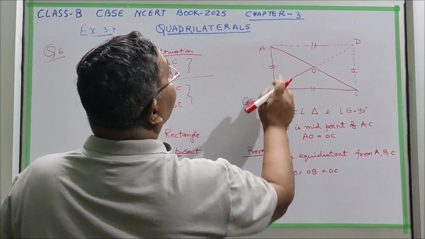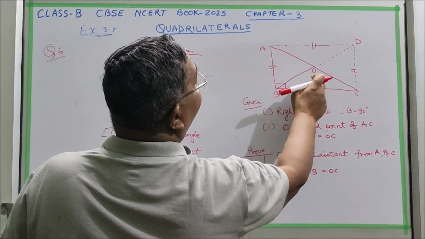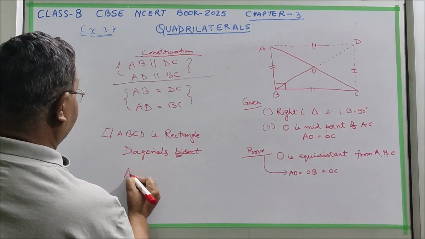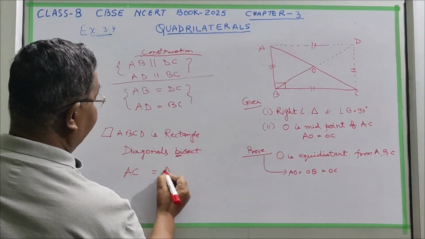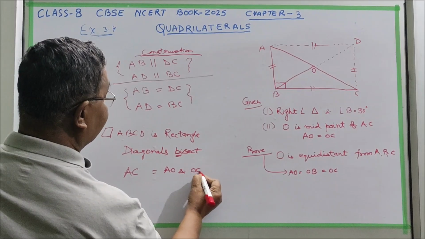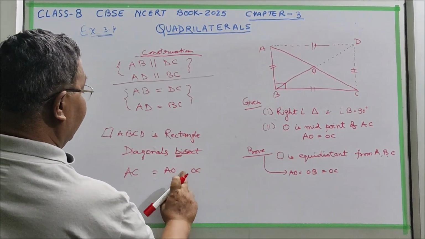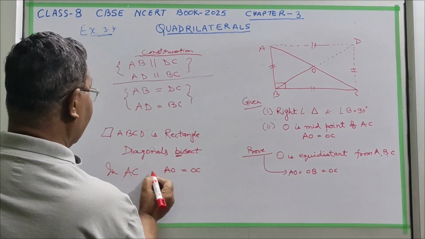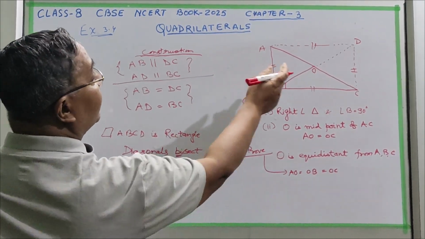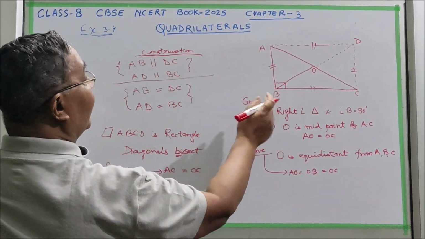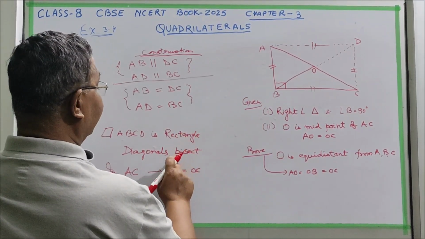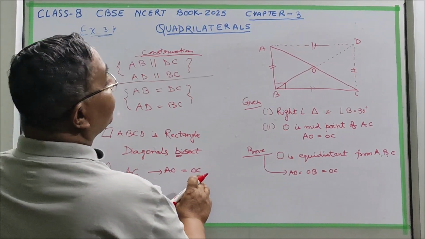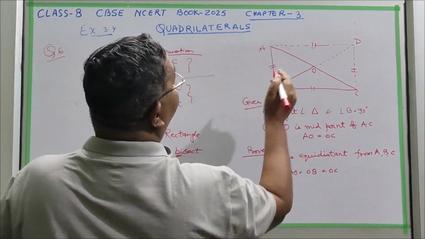Bisect each other means AO and OC are bisected at O. So AC has two parts, AO and OC, and both will be equal, because it is a rectangle and diagonals bisect each other. Okay.